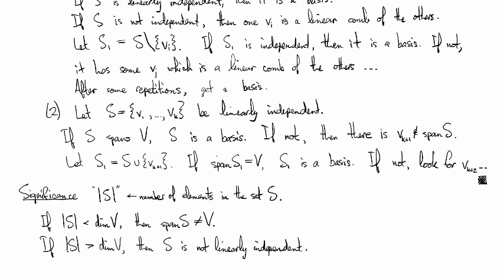So the only way that you can have a set which is spanning and linearly independent at the same time is when you have the number of things equal to the dimension.